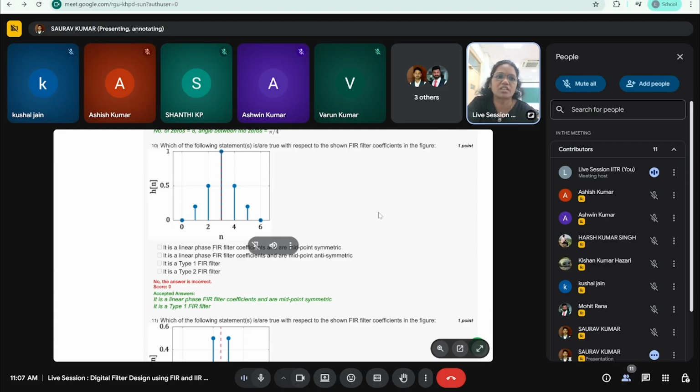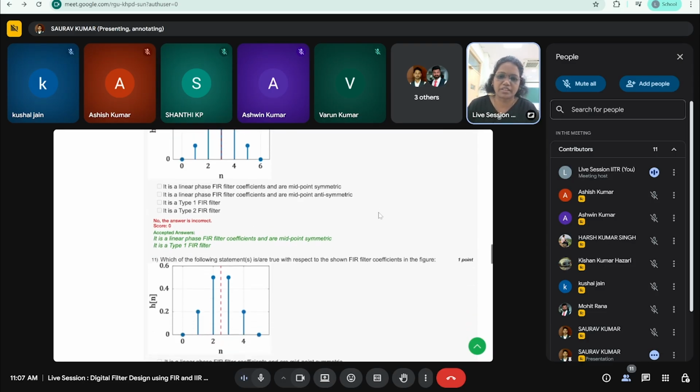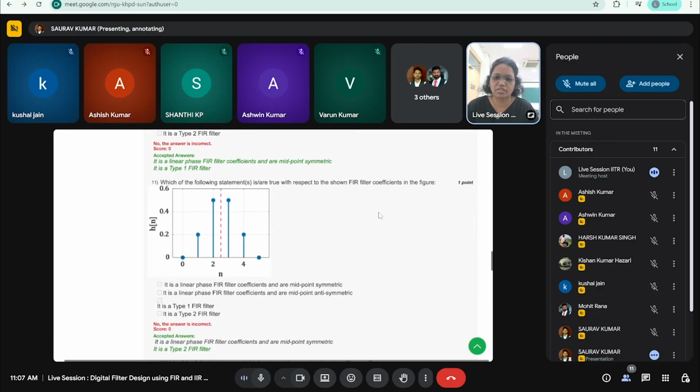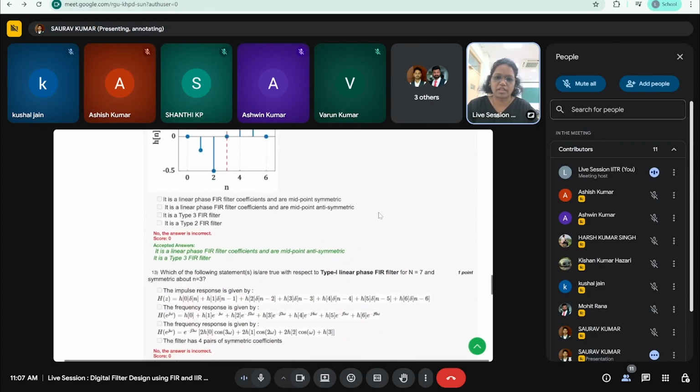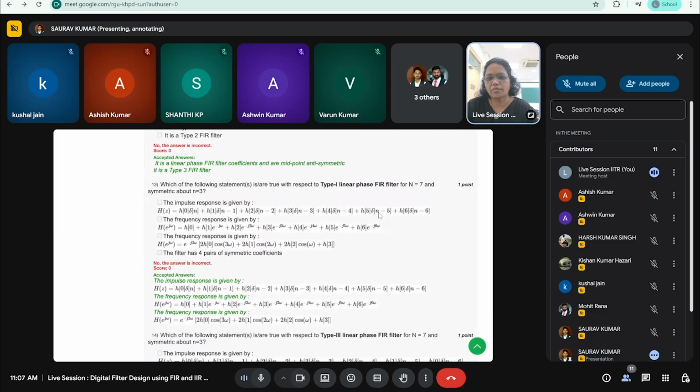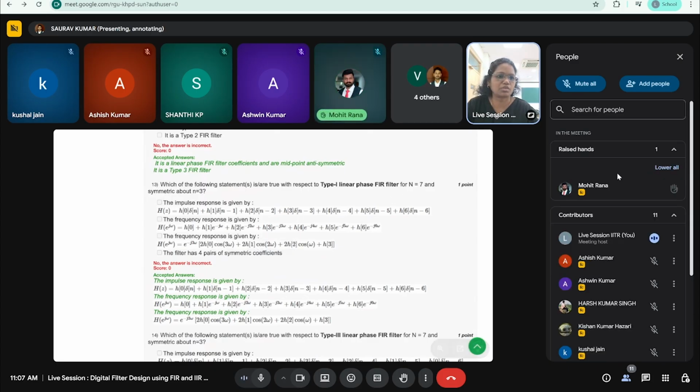This is just testing the coefficients. Because FIR filters have linear phase characteristics, the coefficients are midpoint symmetric or midpoint anti-symmetric. So which type of filter is it? That's the question here. Based on type 1, 2, 3, 4, if you find the frequency response and the impulse response for the type 1 linear phase filter, which one would it obey?